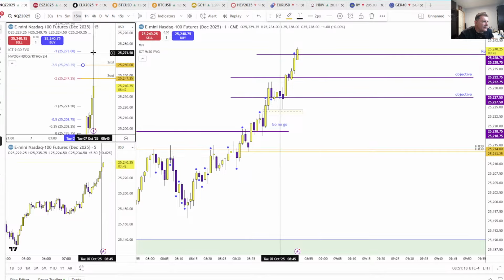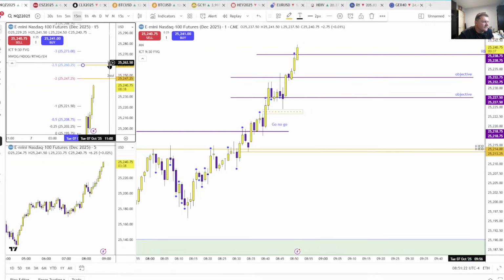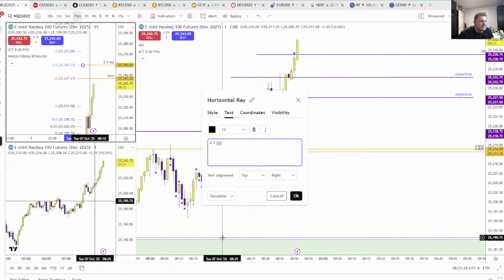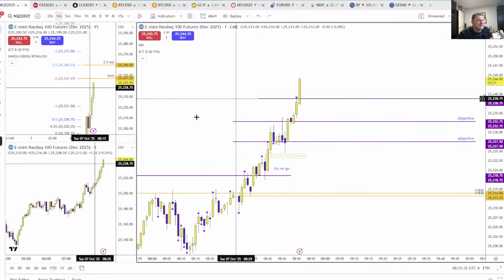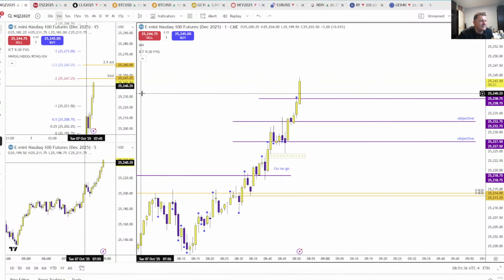If we get through 2.5, then 3 and 4. Through the rejection block, look for this 247, 260.